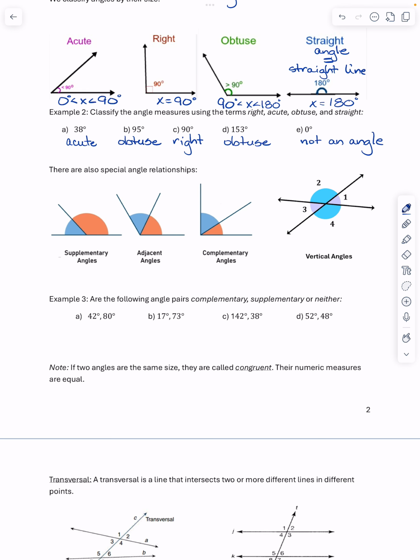There are special angle relationships that do things for us. We can have angles that are supplementary. Measure of angle A plus measure of angle B, whatever those numbers are, supplementary angles always add to 180 degrees.